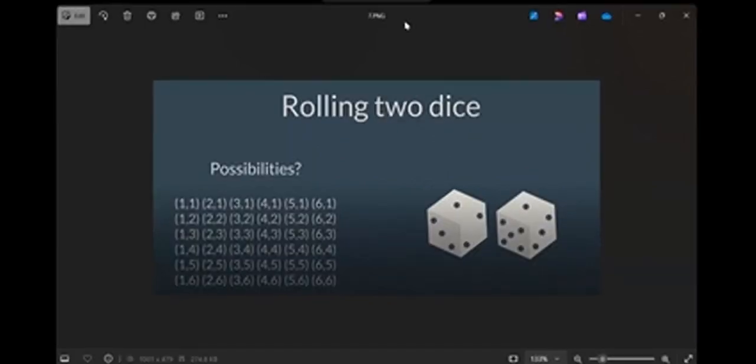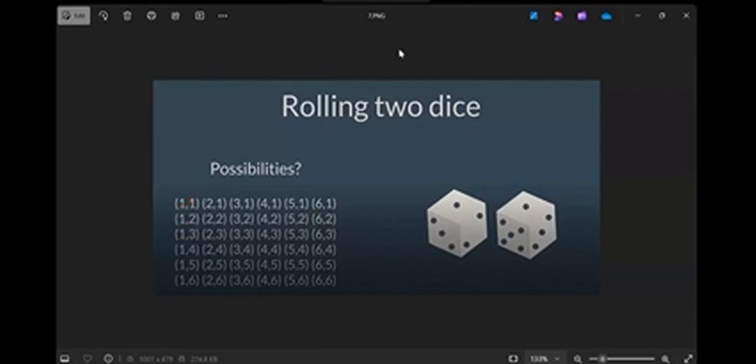How many possibilities? 36. The probability of getting 2 is 1 by 36, correct? What is the probability of getting 3? 2 1 3, 1 2 3. 2 by 36. Do you see?